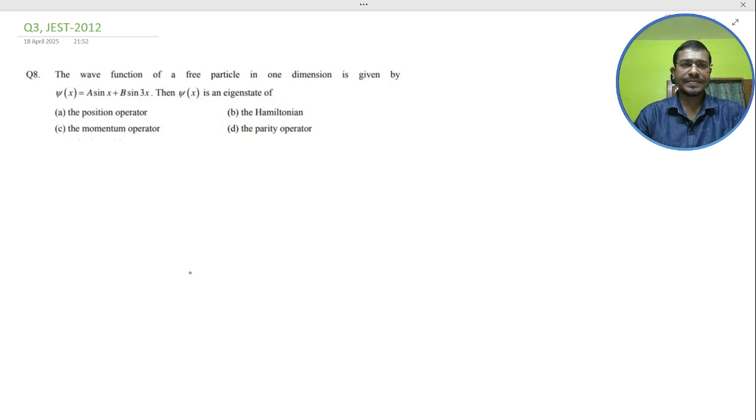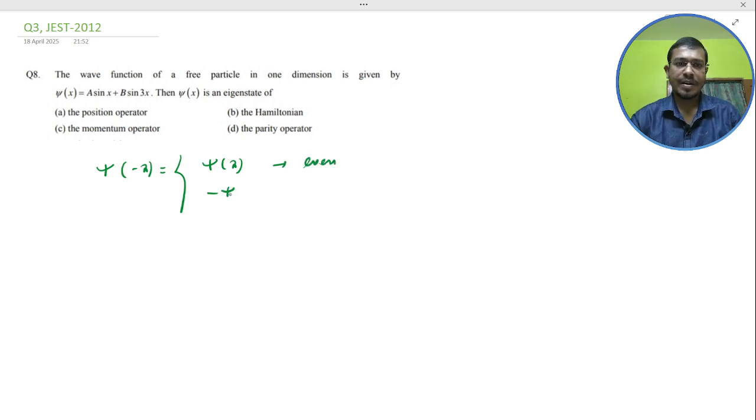Then psi x is the eigenstate of what? Simple. We know one thing, that psi of minus x is equal to psi x when this is even, minus of psi x for odd.